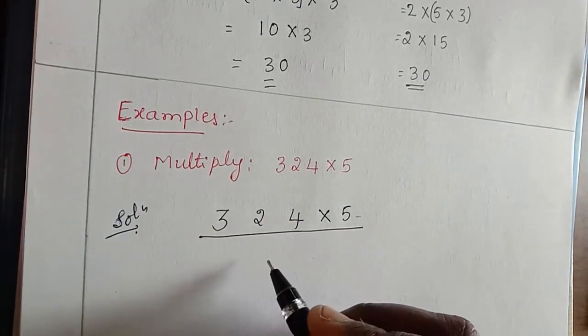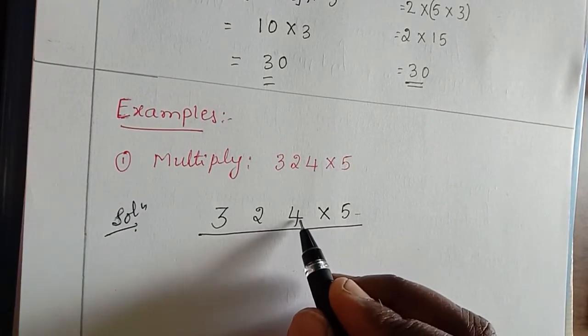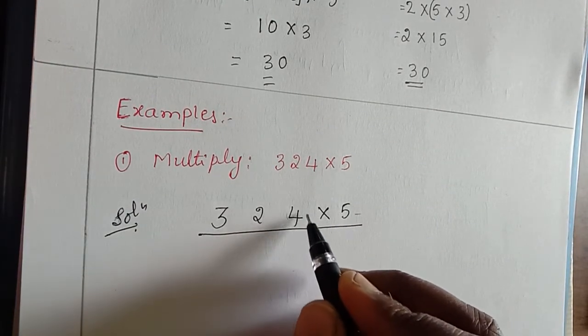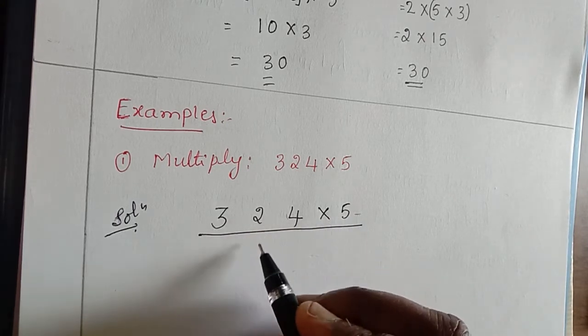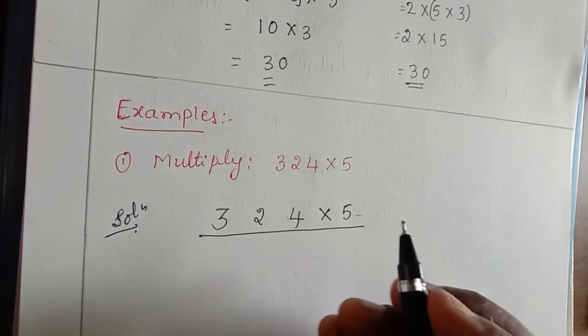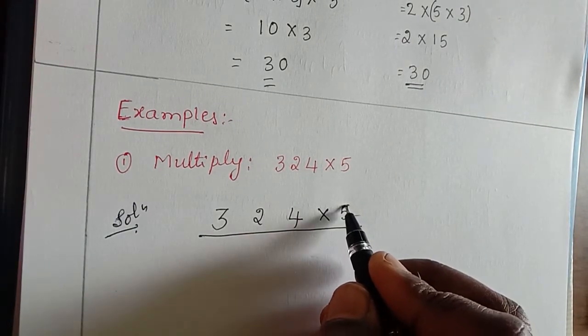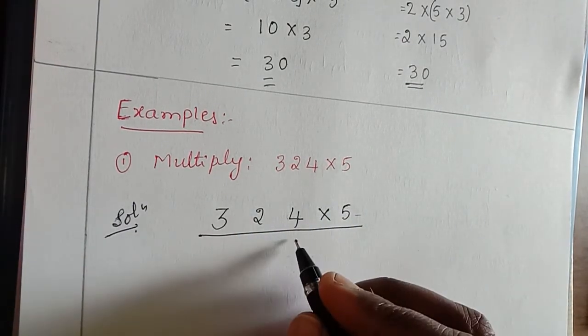Or else you can write it down. See here. We have to multiply the ones place by the digit, that is 5, then the tens place, then the hundreds place. So 5 fours are 20.